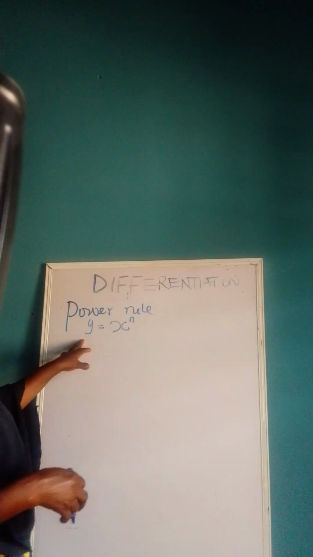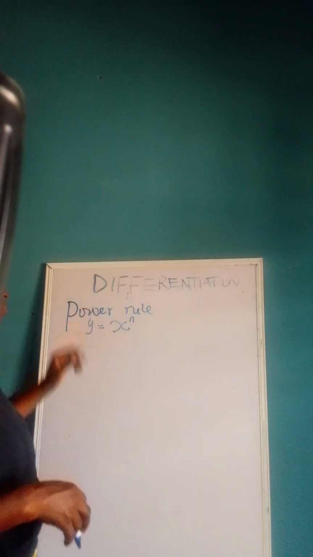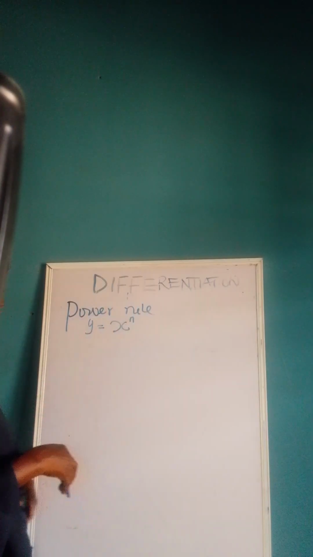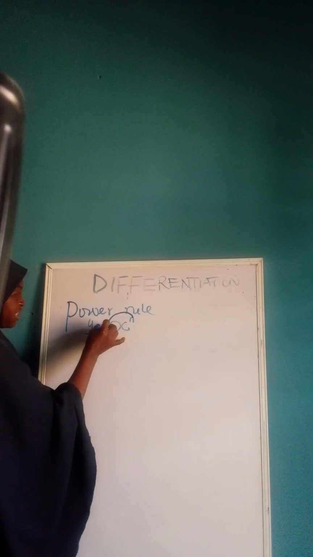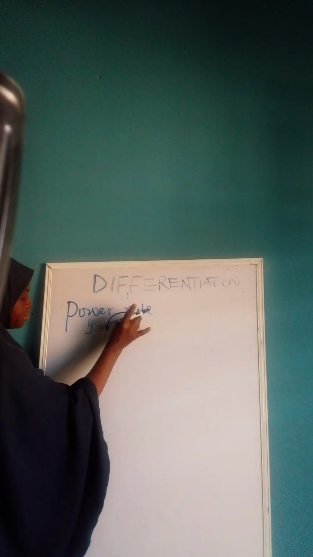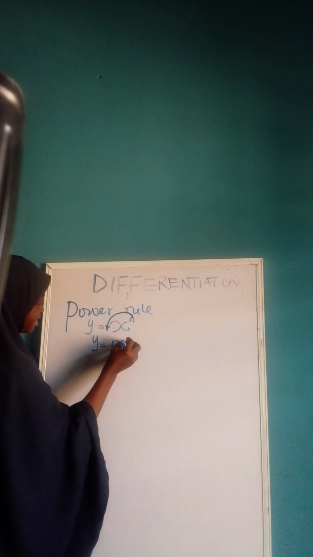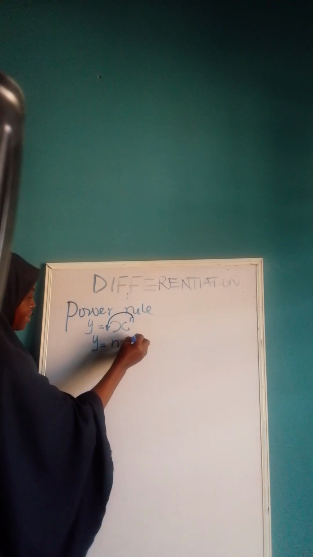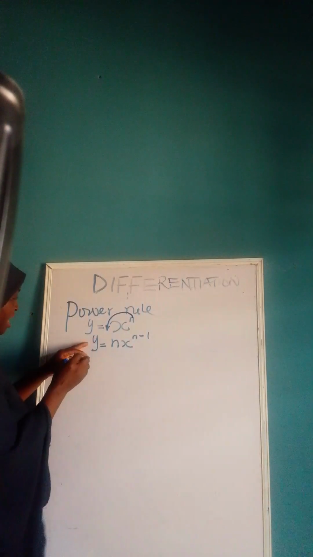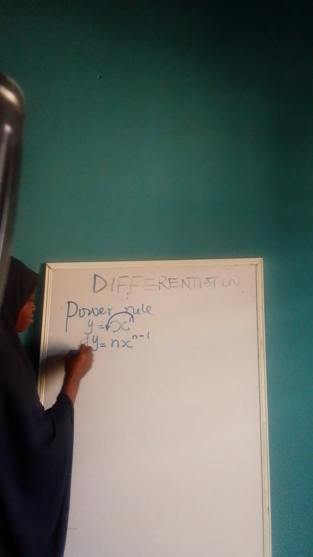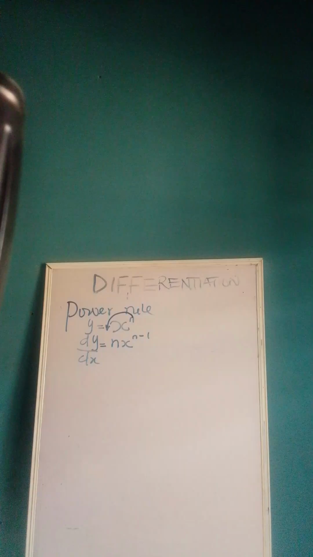Under the power rule, when x has no coefficient but is carrying power n, you transfer the power to the front and you take 1 from the power. So it means that dy over dx is going to be equal to nx raised to power n minus 1. It is no more y, it is now dy over dx.